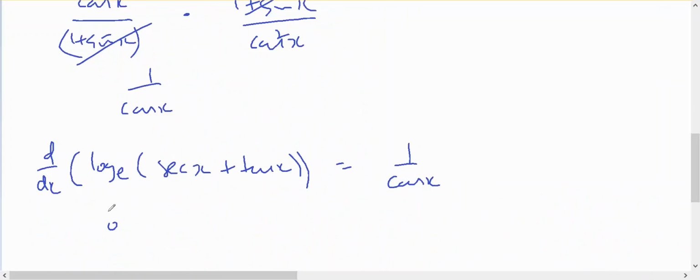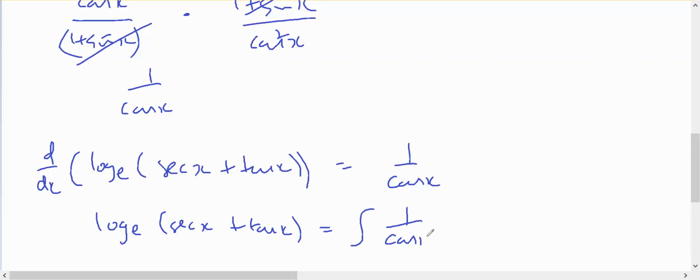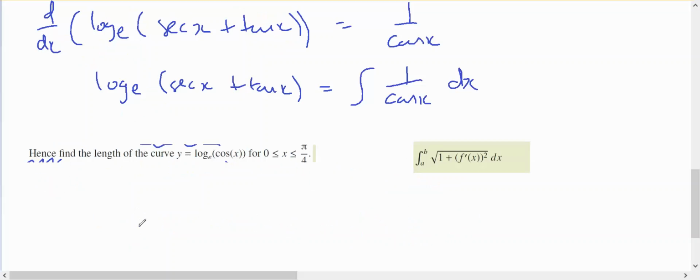Hence, log base e of sec of x plus tan of x must equal the integral of 1 on cos of x dx. So the length of the curve L is the integral from 0 to pi on 4 of the square root of 1 plus the derivative of this squared, the derivative of log base e of cos of x.